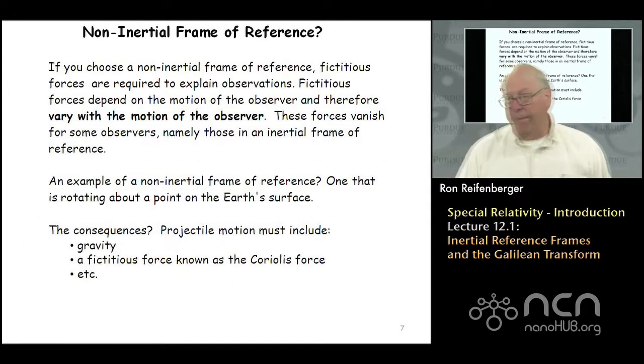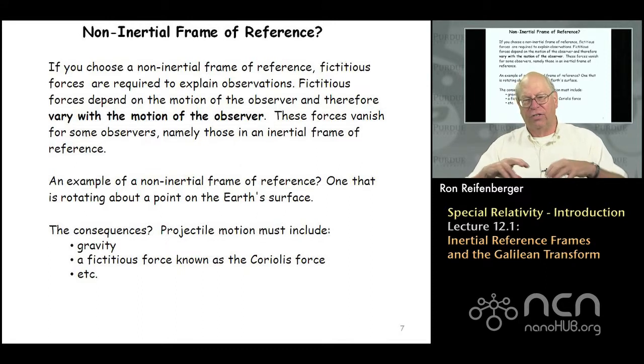So, what happens if you choose a non-inertial reference frame to do an experiment? Well, the simple answer is that you're going to have to invent all kinds of fictitious forces. These fictitious forces depend on the motion of the observer, and therefore they vary with the motion of the observer.